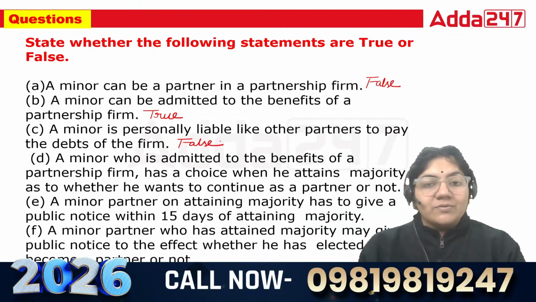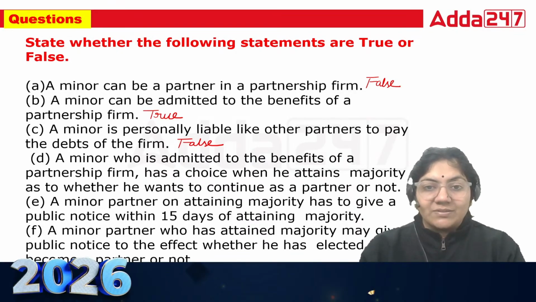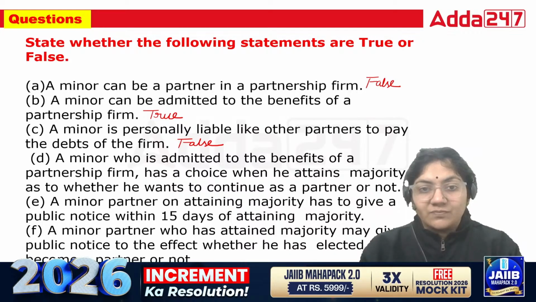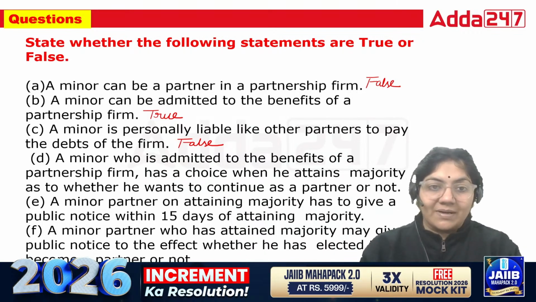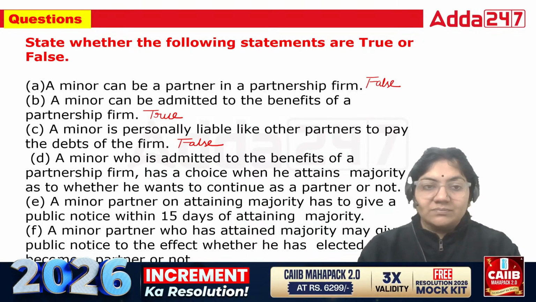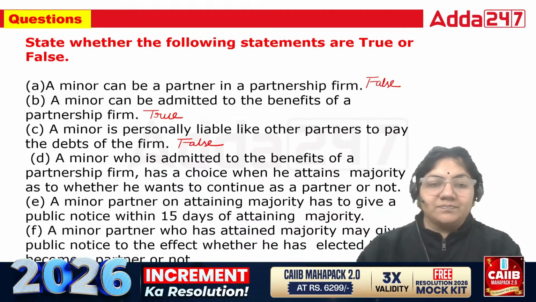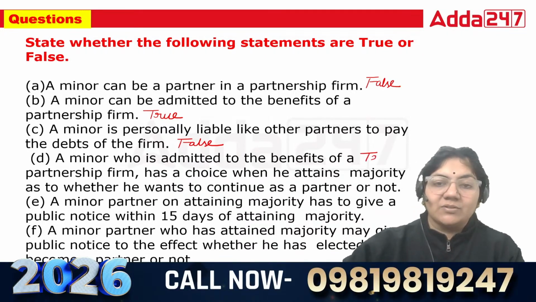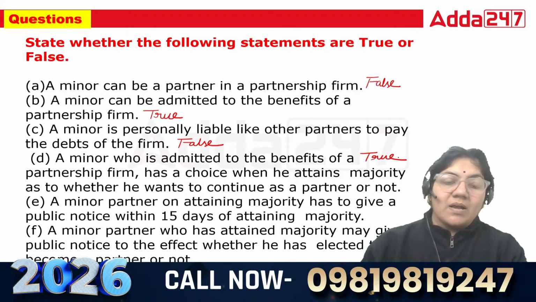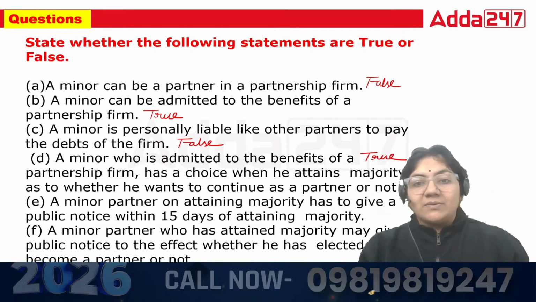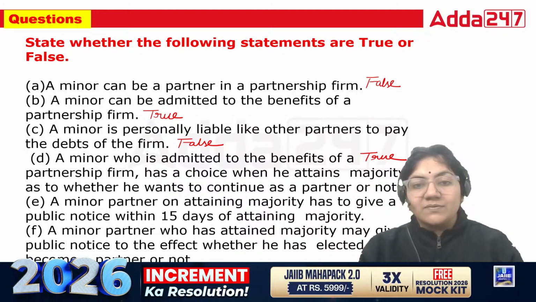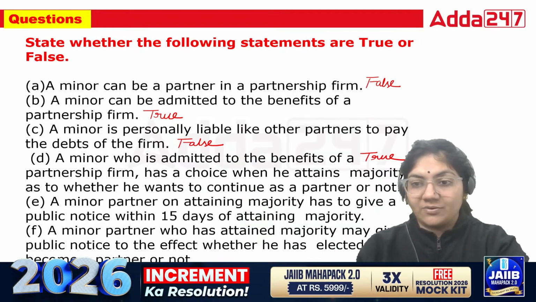A minor who is admitted to the benefits of a partnership firm has a choice when he attains majority as to whether he wants to continue as a partner or not. The answer is absolutely a true statement.